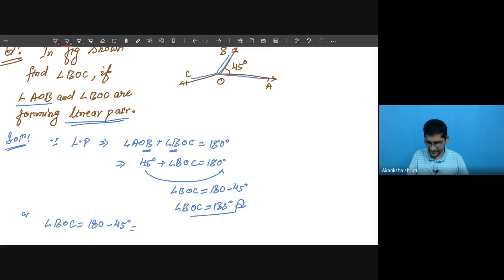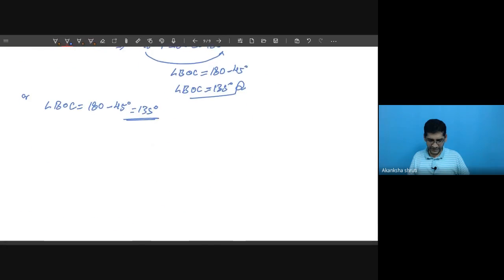So directly 135. In an MCQ, no need to write this many steps. You can quickly apply the concept of linear pair. One angle is given, the other will be 180 minus that angle. You will get 135. So this way you have to solve. The questions are very simple.